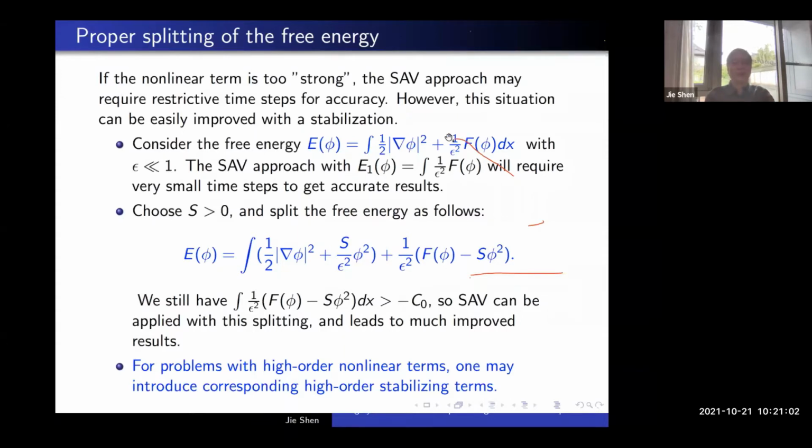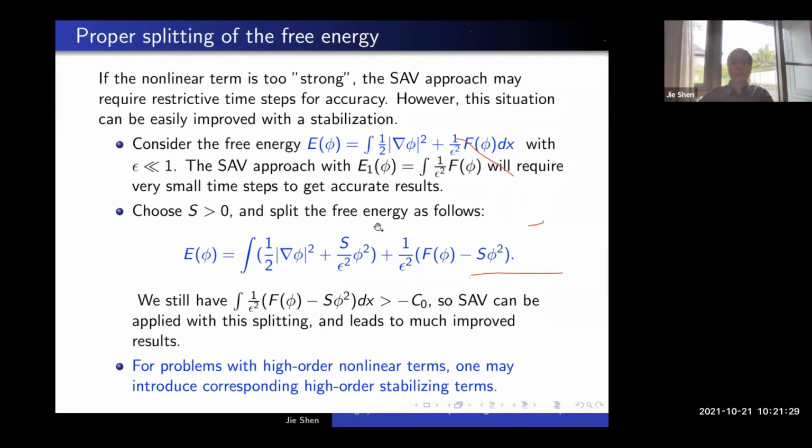For example, this is the usual free energy for Allen-Cahn and Cahn-Hilliard phase field equations, and you have a small constant, one over epsilon, here. So if you treat this term explicitly, you will need very small time steps to get an accurate result.